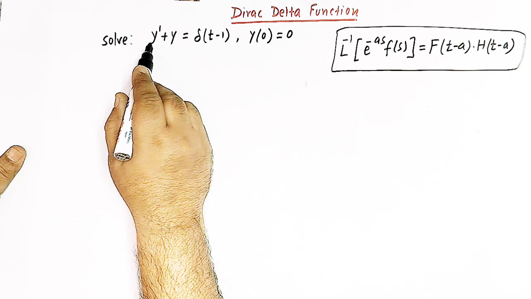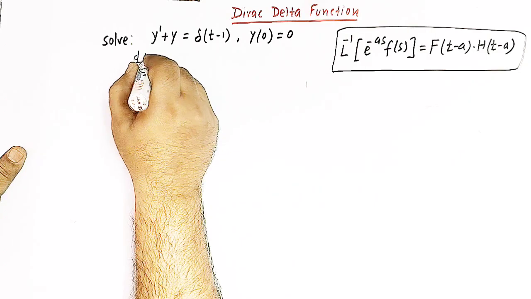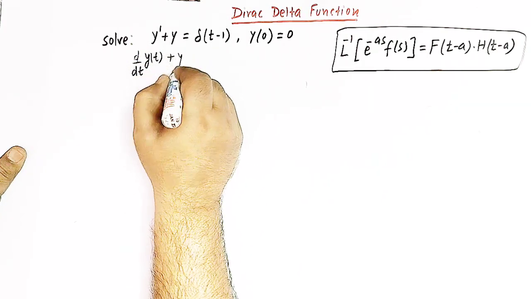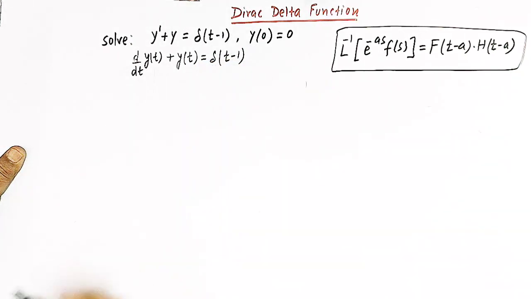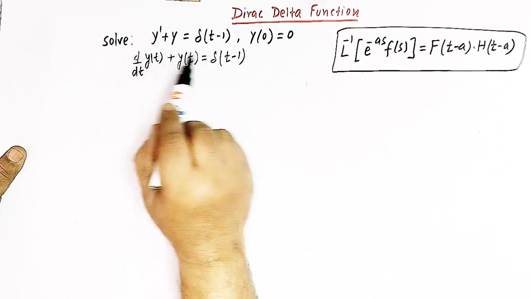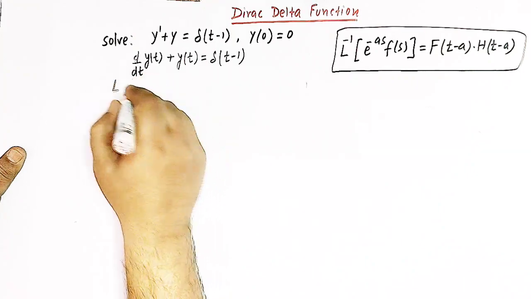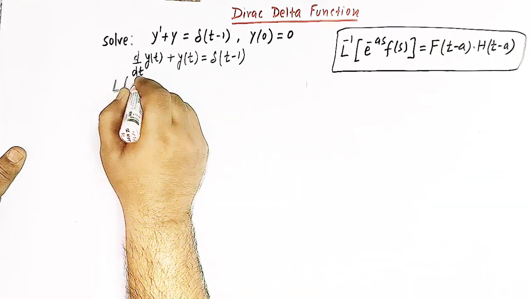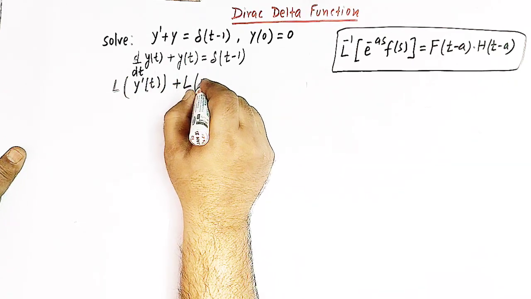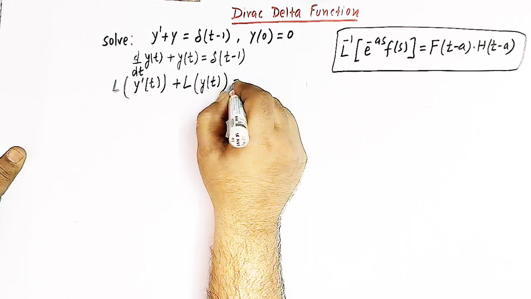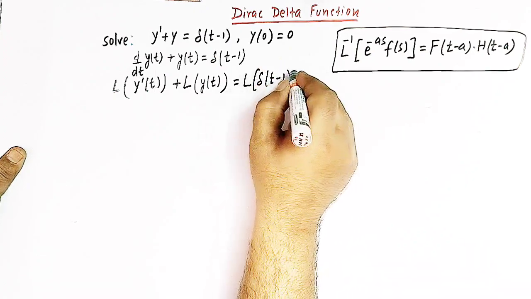Now let us rewrite this differential equation as d by dt of y of t plus y of t equals delta of t minus 1. Let us take the Laplace transform of both sides. So the Laplace transform is given by L of y prime of t, then the Laplace transform of y of t, and the Laplace transform of delta of t minus 1.